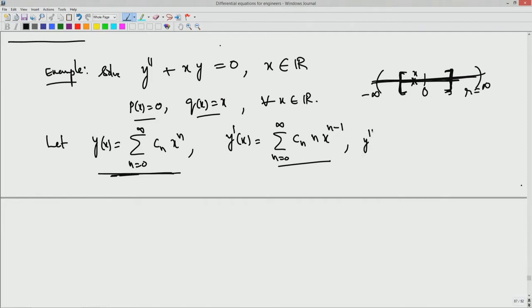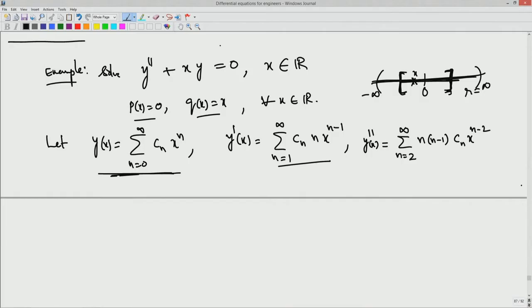With the same argument, y double dash of x is also calculated term by term, as the sum over n of n into n minus 1 C n x power n minus 2. And when you differentiate once, the coefficient of x power 0 will not be there, so that is running from n equal to 2 to infinity.